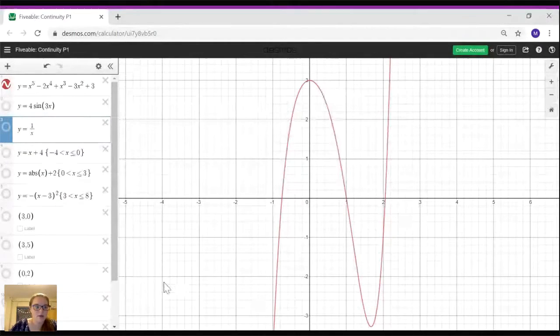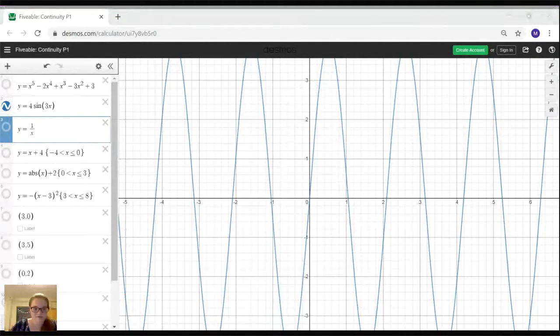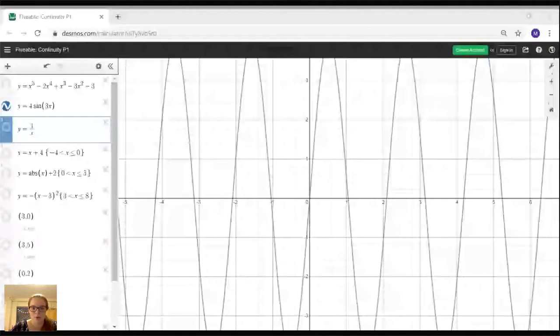Okay, let's look at our next function. Do we recognize this? I know you can see the function, so you know it is a sine function. Awesome. It's got an amplitude of 4, so instead of going from -1 to 1, it goes from -4 to 4.